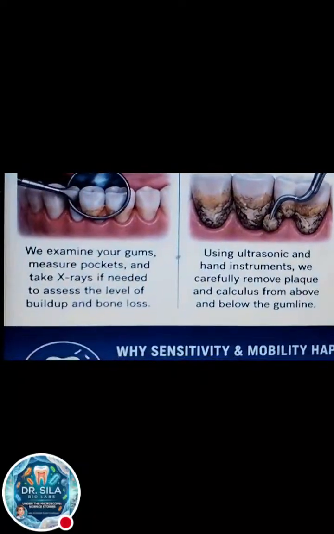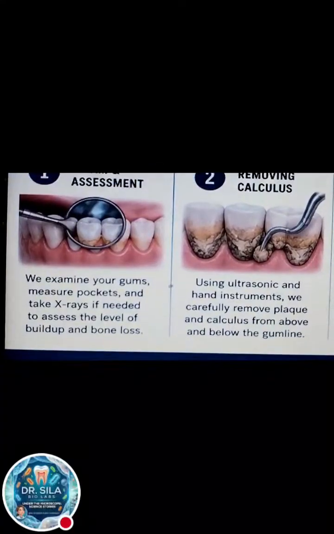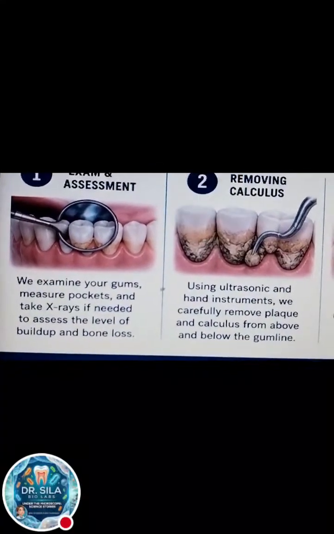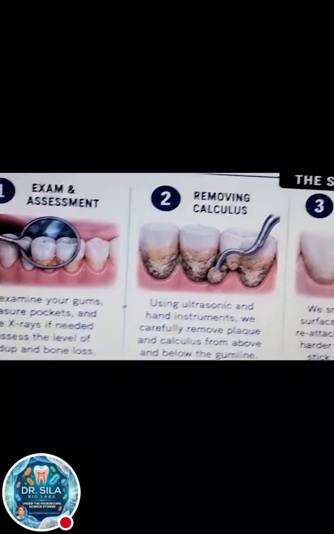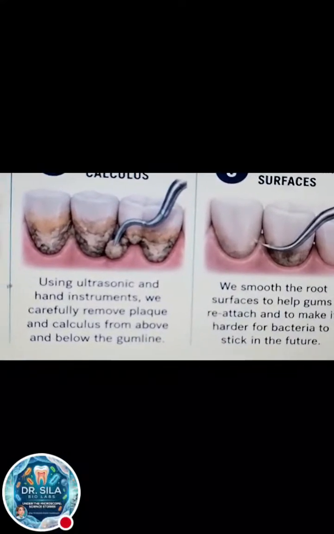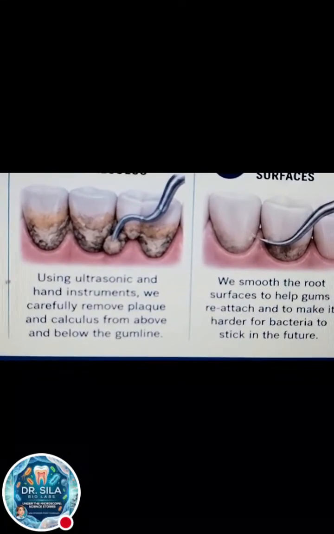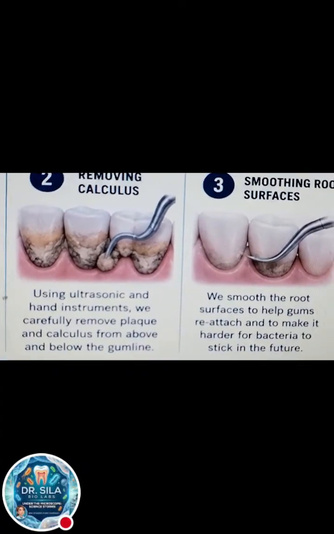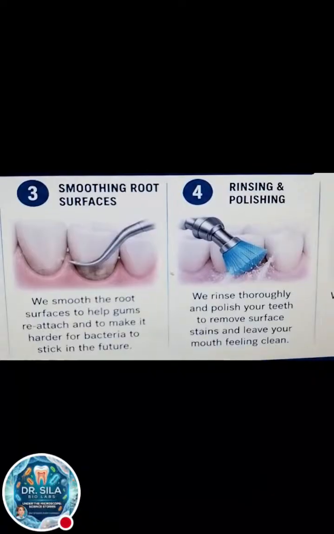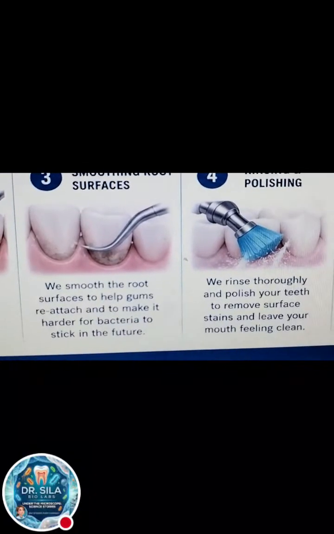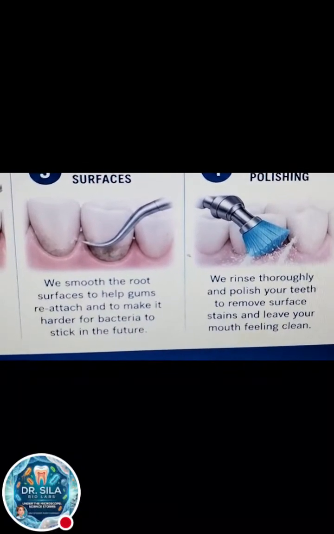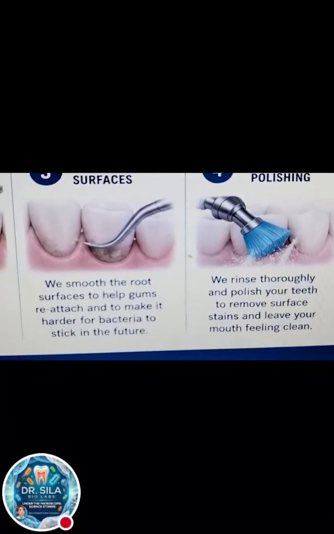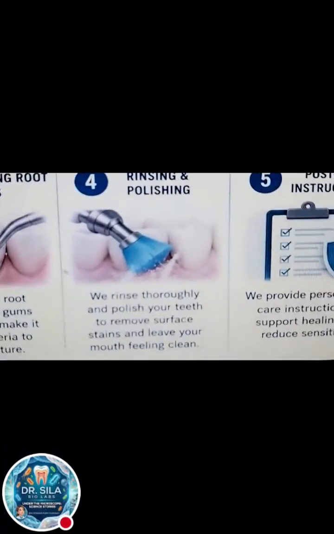First, we do the exam and assessment. We examine your gums, measure the pockets, and take x-rays. Then we use ultrasonic scalers or hand instruments carefully to remove the plaque above and below the gum line. Smoothing the surface, we make the root surfaces very smooth, which helps the gum to reattach and makes it harder for bacteria to stick in the future.